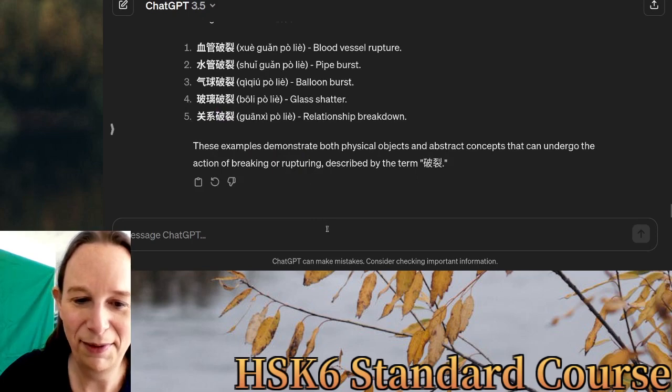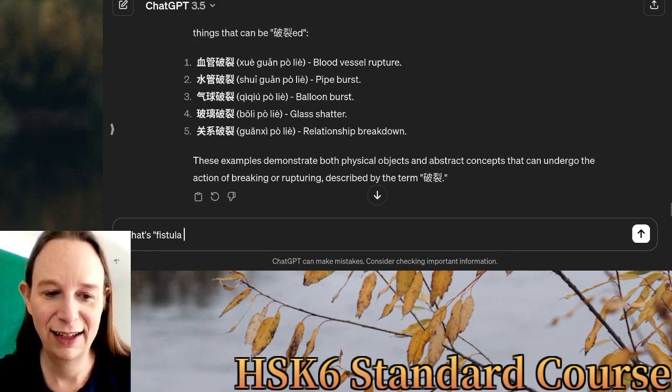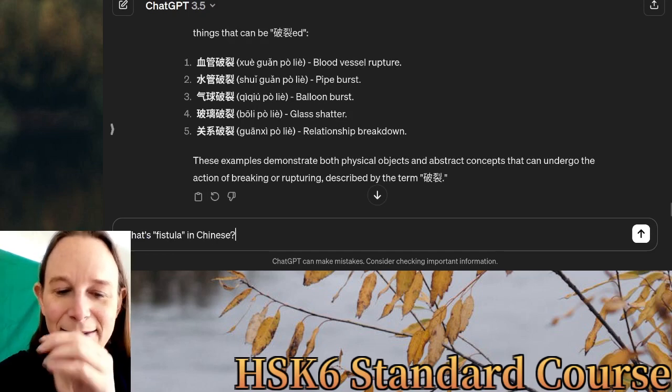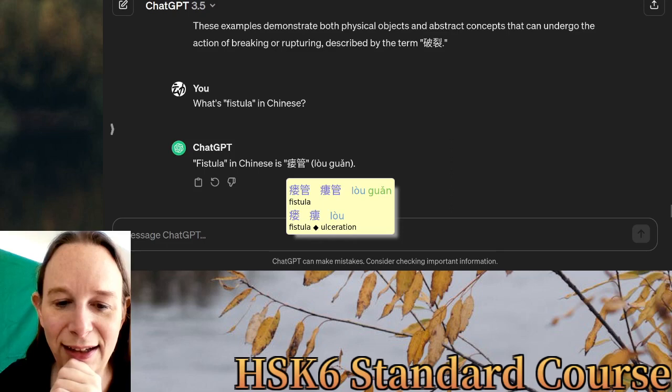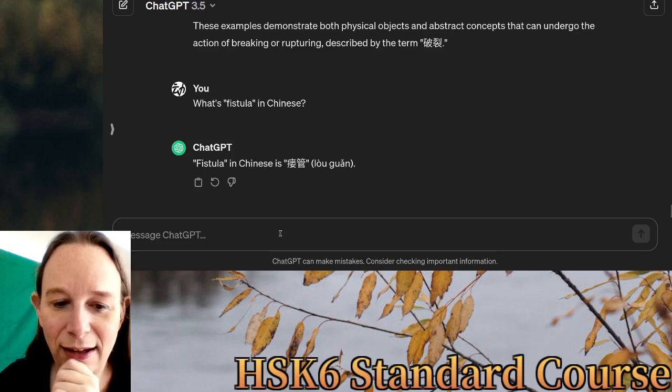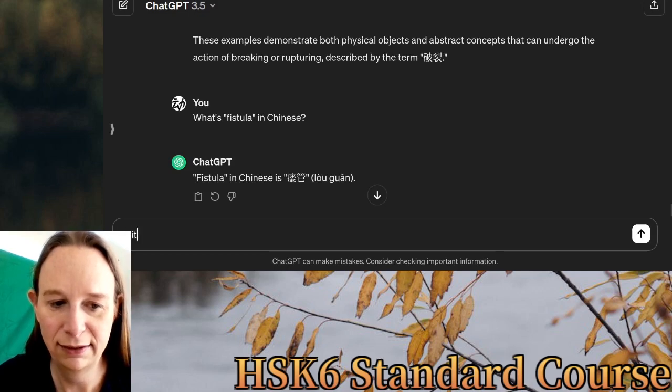Maybe I shouldn't ask, but what's fistula in Chinese? Fistula. 瘘管. Other medical, is it related to 破裂?